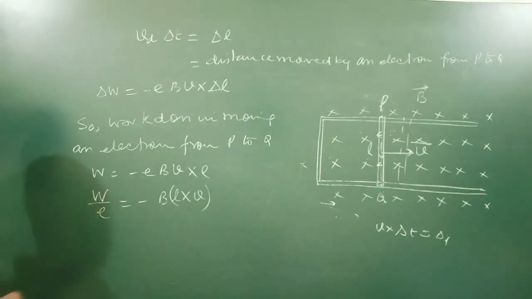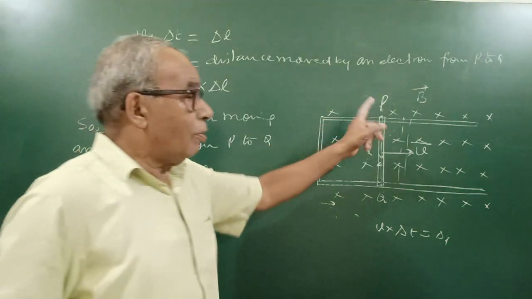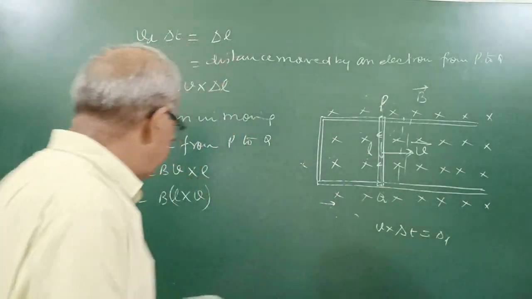W upon E is work done per unit charge. It is the work done in carrying a charge from P to Q.